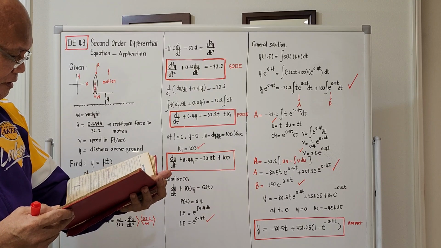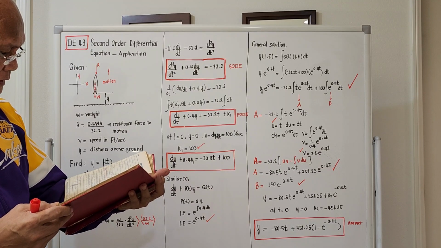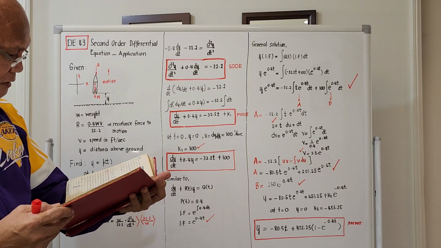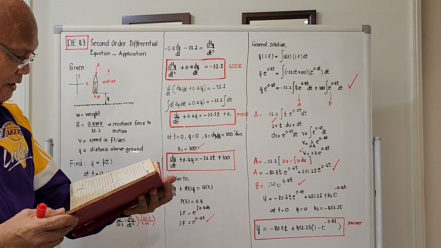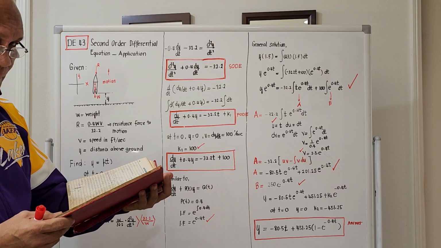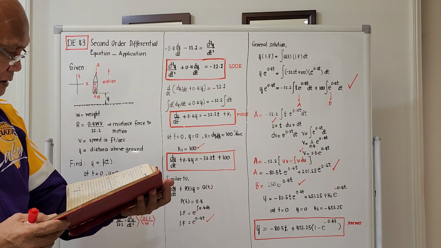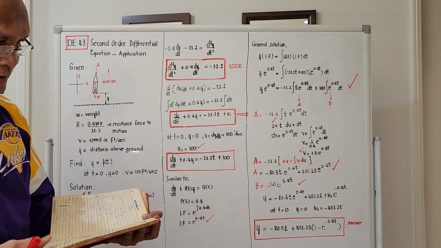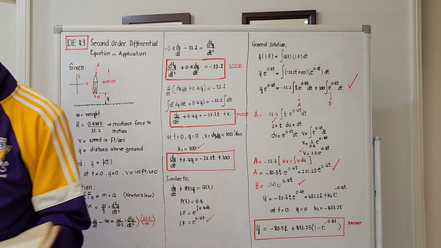Taking y as the distance above ground, study the motion under the conditions y equal to 0, the velocity is 100 feet per second, at time t equal to 0. Okay, I will try to summarize the problem.